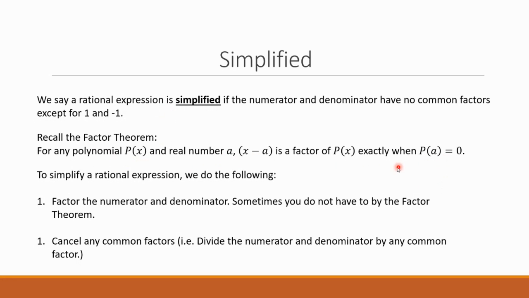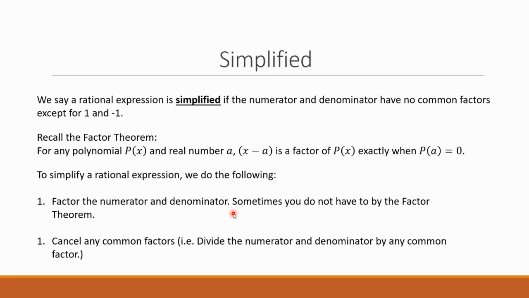Now, to simplify a rational expression, what we have to do is factor the numerator and denominator. What's nice is sometimes you don't always have to do that. By the factor theorem, you may only have to factor one or the other. You could always factor both, but you may not have to, okay?